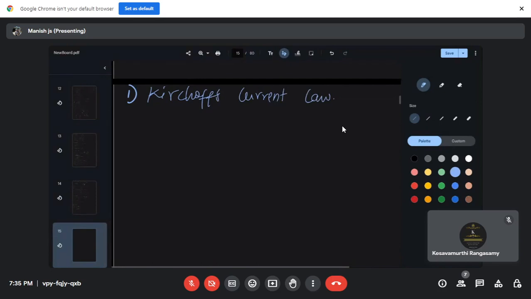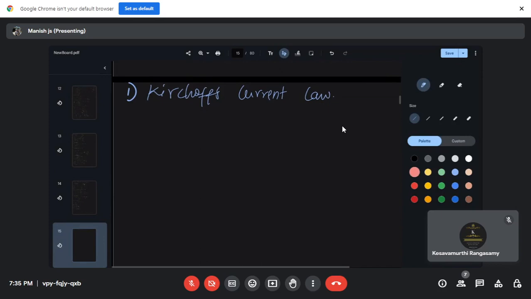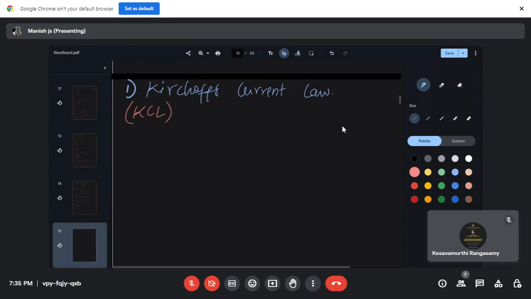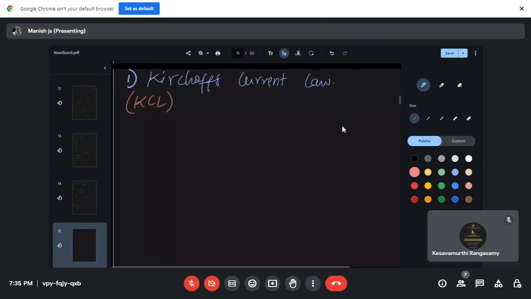Now, what do we try to understand by Kirchhoff's current law? It is also shortly referred to as KCL. KCL stands for Kirchhoff's current law. This rule is named after the person who actually found it out, Kirchhoff. So we'll see what this Kirchhoff's current law is. What does it mean ultimately?